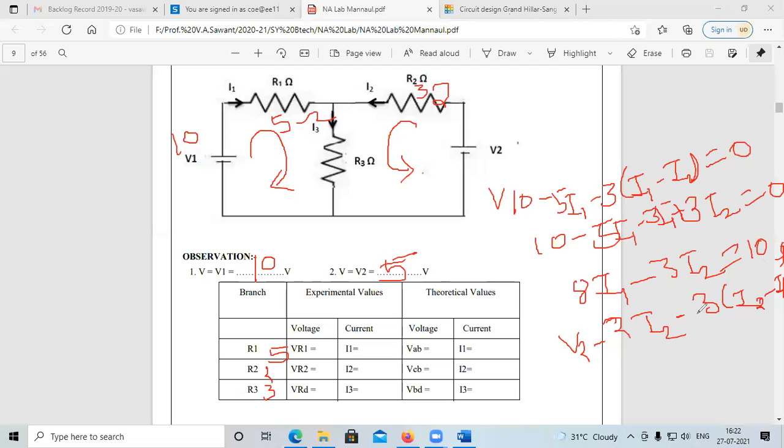So 5 minus 2 I2 minus 3 I2 plus 3 I1 gives the equation 3 I1 minus 5 I2 equals minus 5.